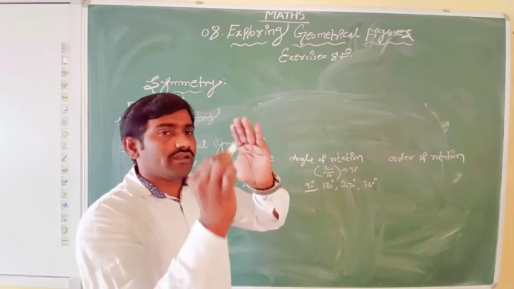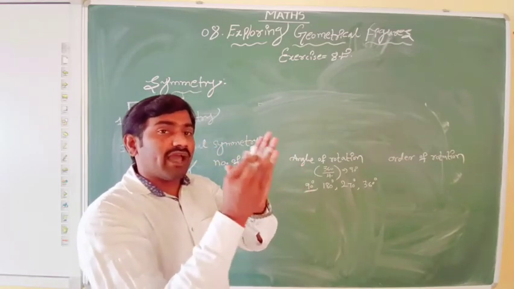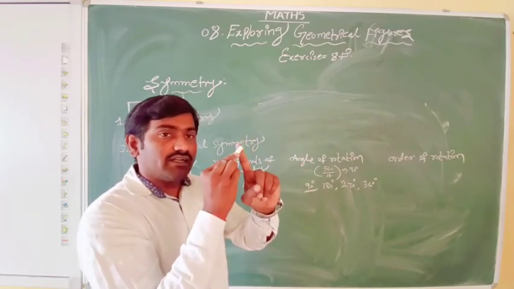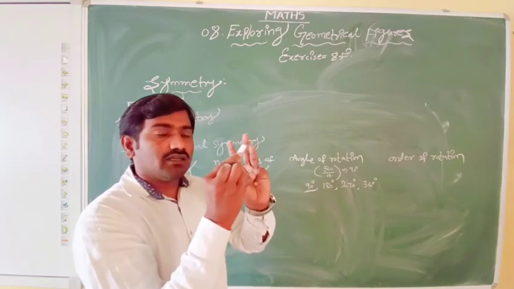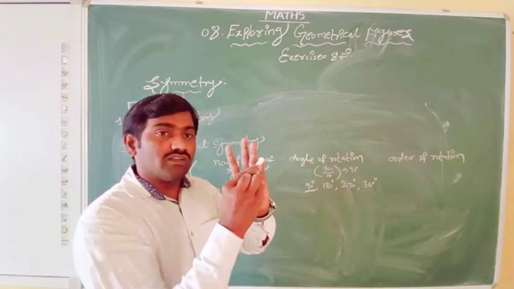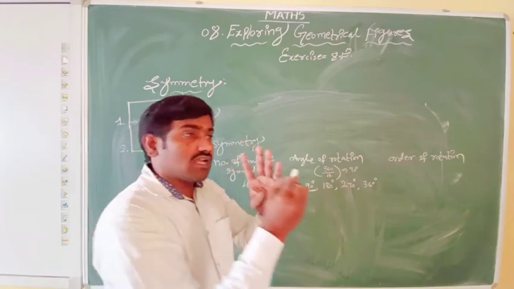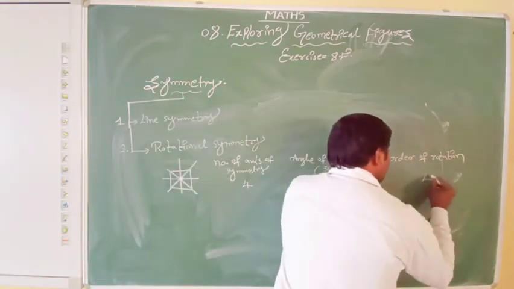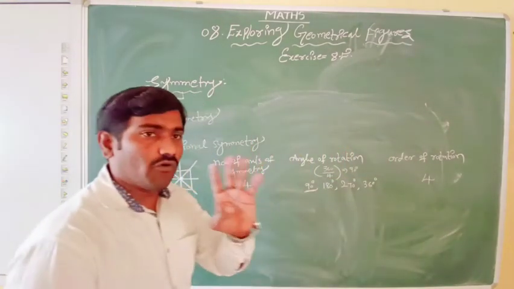A square looks the same at 90, 180, 270, and 360 degrees. 4 times it looks the same as before. So the order of rotation is 4.